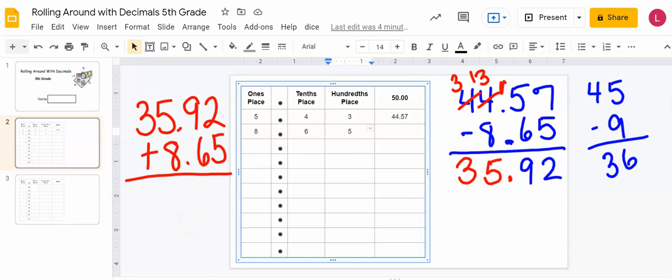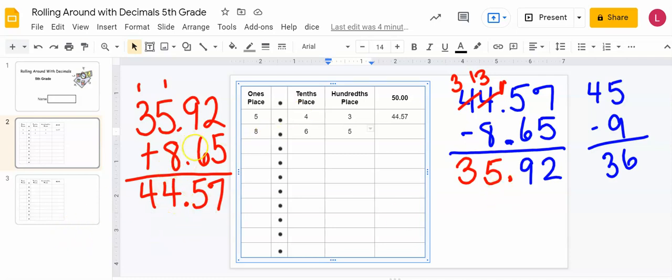So 5 and 2 is 7. 9 plus 6 is 15. I'm going to put my decimal point. 8 and 1 is 9, plus 5 more is 14. And 3 and 1 more is 4. Oh, look.